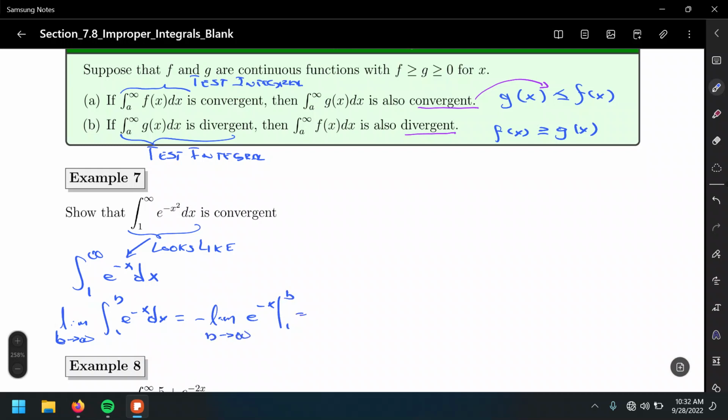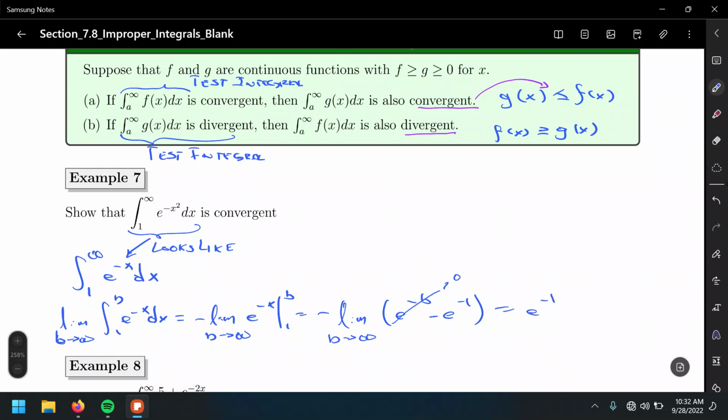Then upper limit minus lower limit, that's negative the limit as b approaches infinity of e to the negative b minus e to the negative 1. This limit is going to go to 0, and negative times a negative is plus e to the negative 1.